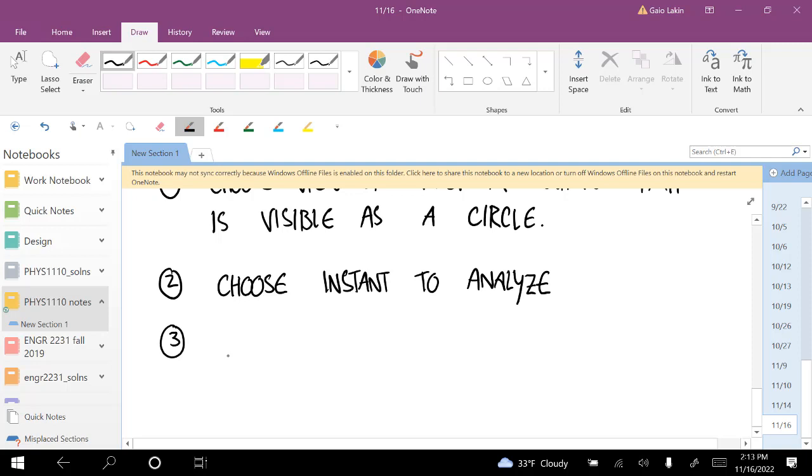Third, draw the vector A centripetal, the centripetal acceleration vector, pointing from the object to the center of the circle.